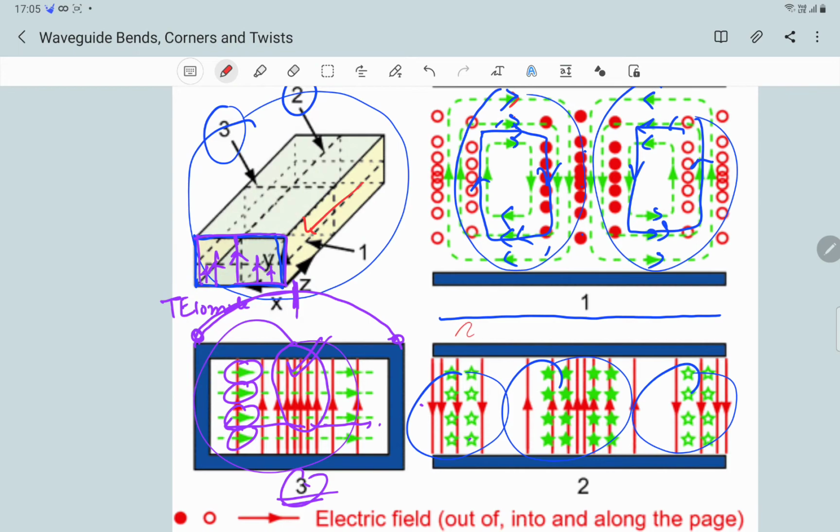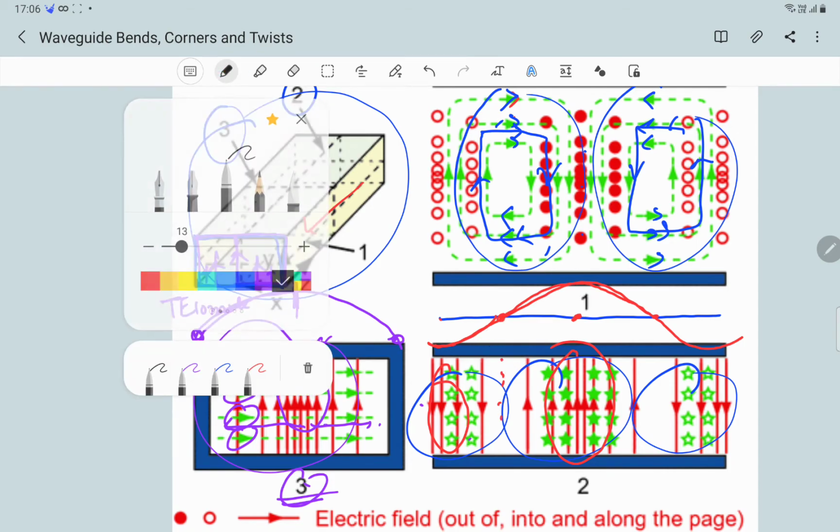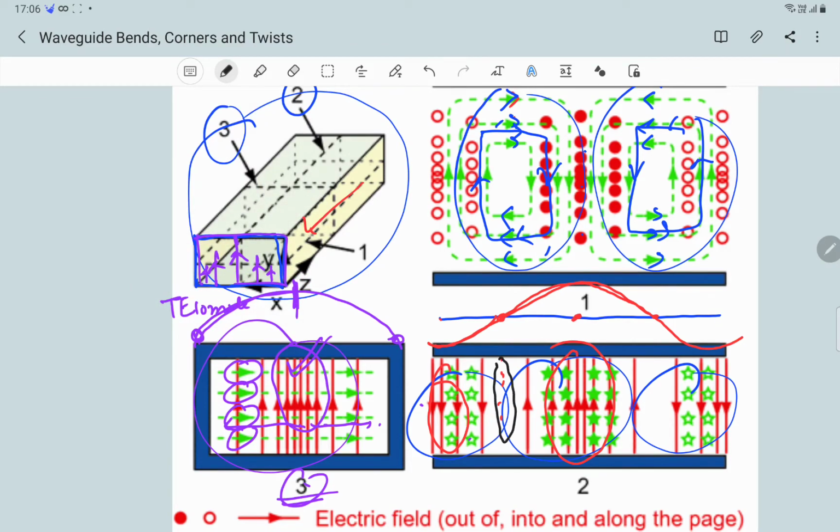It is minimum here, maximum here, maximum here. This peak corresponds to these dense lines, and this zero corresponds to no lines, as we don't have any lines here. This means the electric field is weak here.